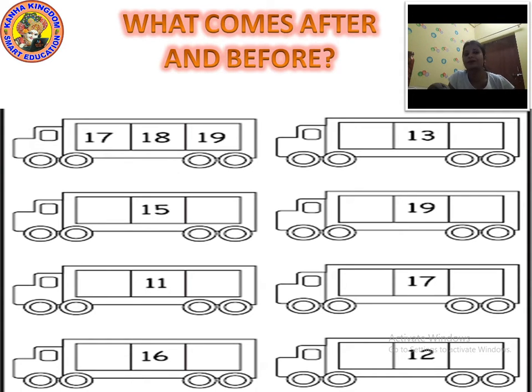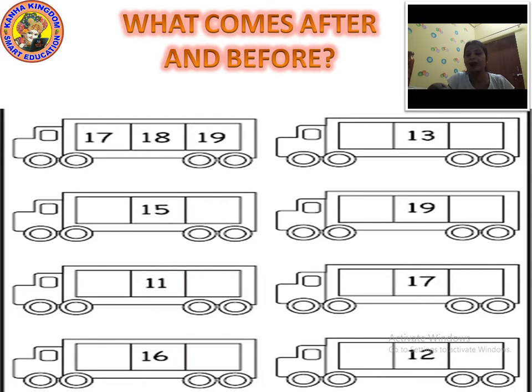So we have to write here 18. Now 11. What comes after 11? After 11, 12 will come. So we will write here 12. And before 11, 10 has come. So we have to write here 10. And the next number is 17.